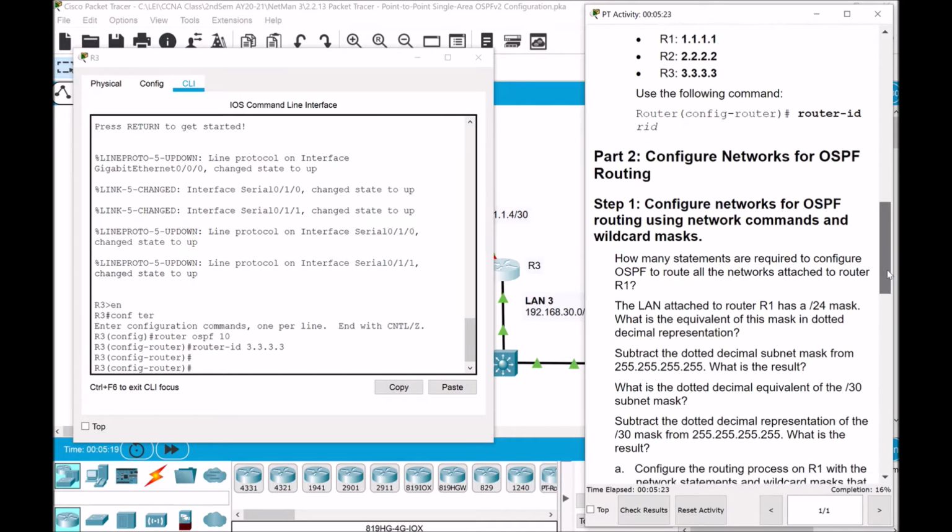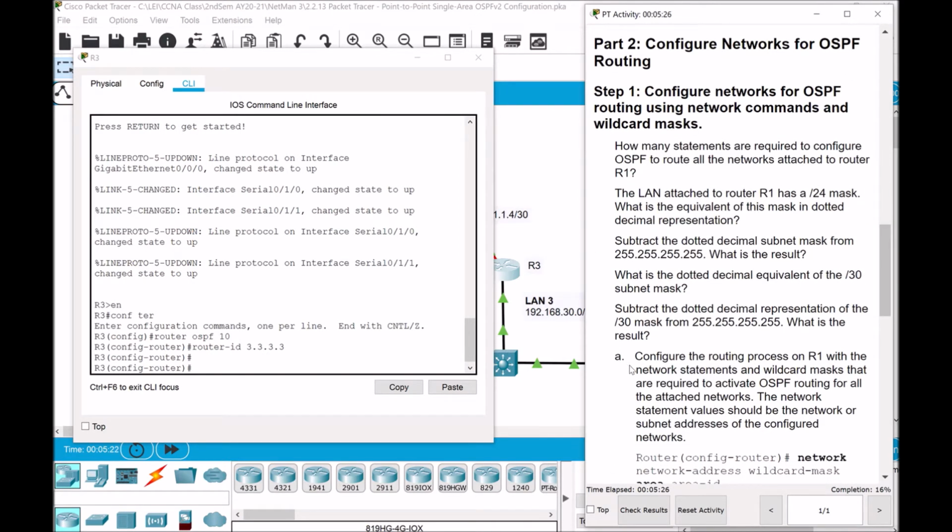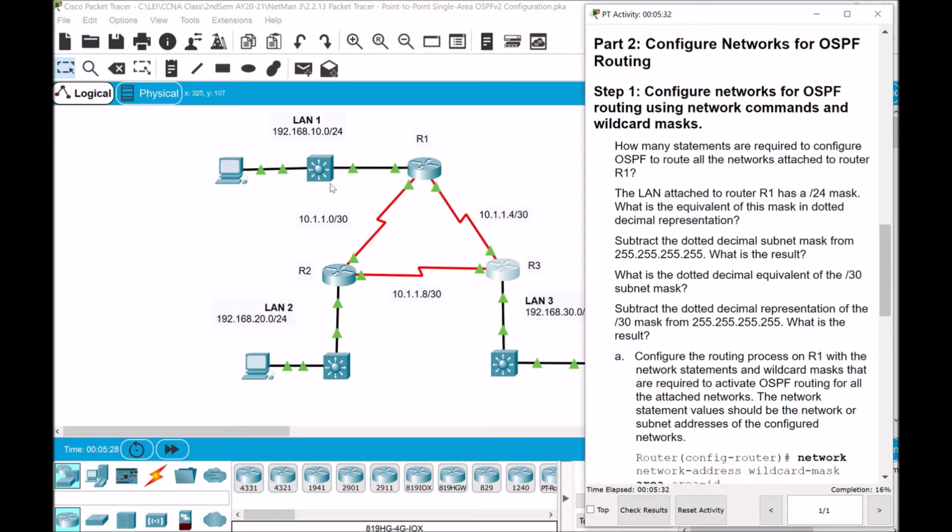Before going to instruction letter A under Step 1, we need to answer the following questions first. How many statements are required to configure OSPF to route all the networks attached to router 1? This is router 1, and we see that there are three interfaces connected to three networks.